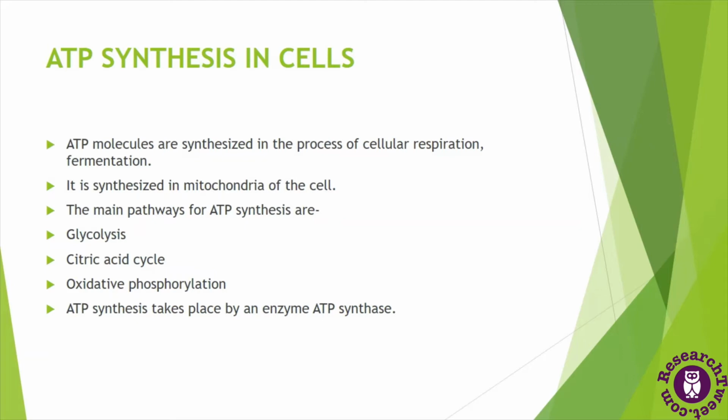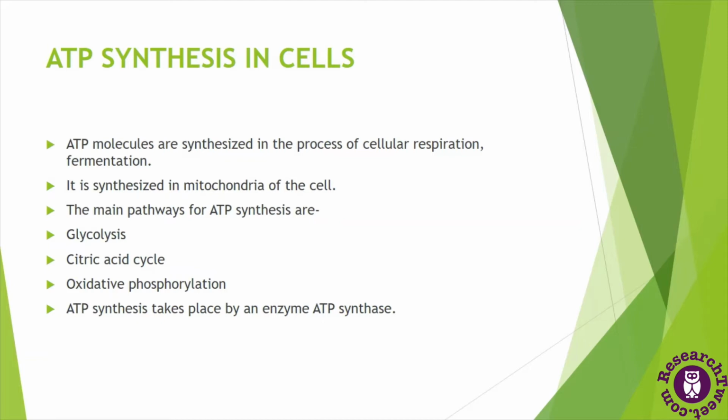There are some main pathways for ATP synthesis, which are glycolysis, the citric acid cycle, and oxidative phosphorylation. In glycolysis, the glucose molecule breaks down into molecules of pyruvic acid and generates 2 molecules of ATP. Another process is the citric acid cycle, also known as the Krebs cycle, in which ATP molecules are produced in this exergonic reaction.